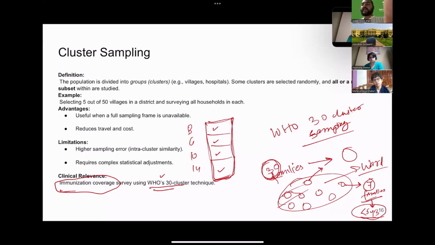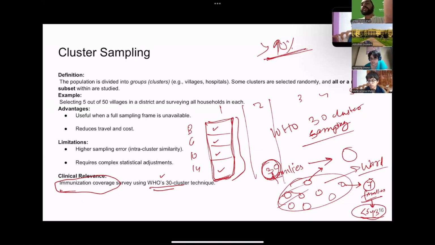What's a good vaccination coverage rate? 80 to 95%. Around 90% is typically required, so 90% immunization coverage is required.